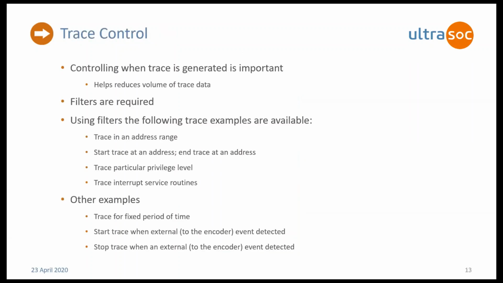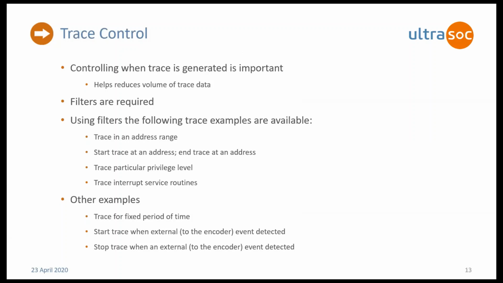On top of being able to create trace, you want to be able to control when the trace is generated. You may not wish to trace every instruction that's happening.